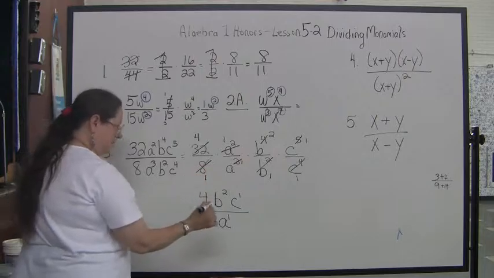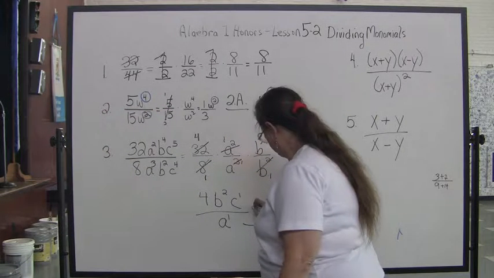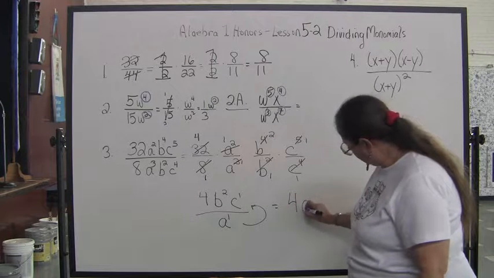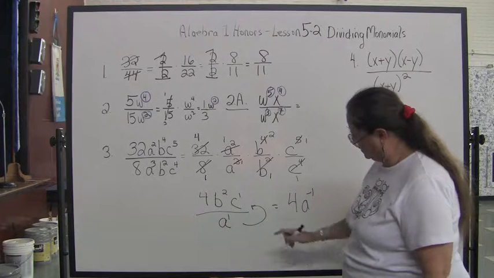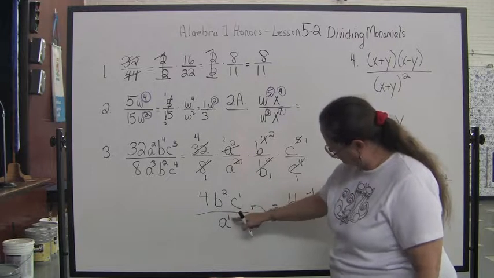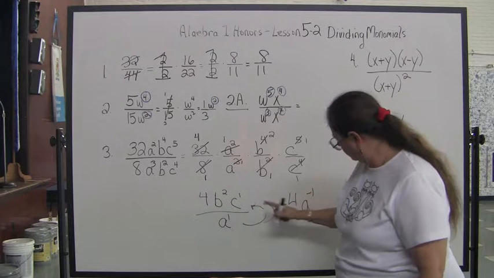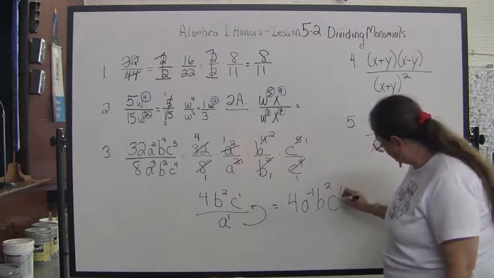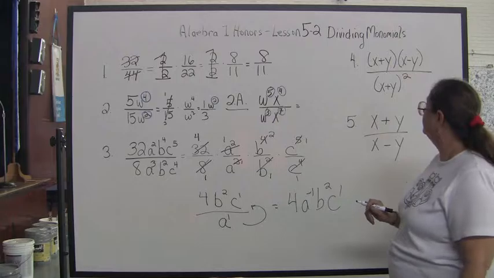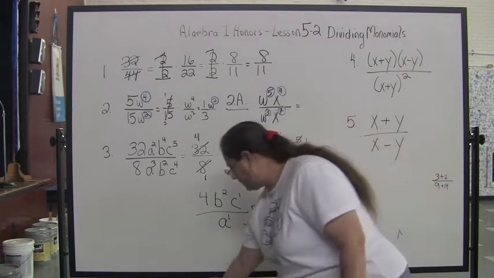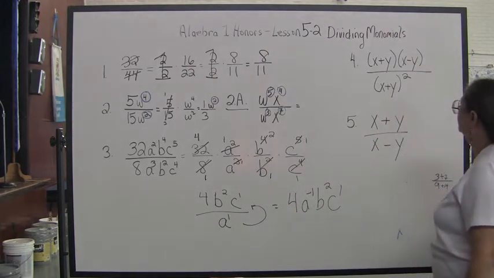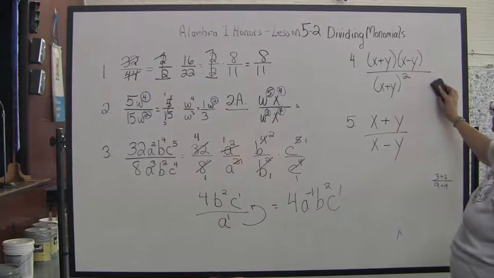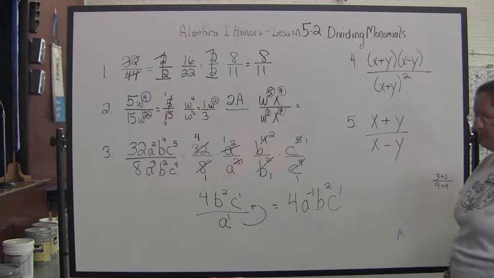I can pull him up to the top, and I can write this another name as 4a to the minus 1. This guy gets dragged across the fraction bar, the equator there, and he turns into a minus 1. And then b squared c to the first. Okay. Now let's look at one that's a little bit harder over here. When I look at this one, what do you think I do with this one? This one kind of gets many people.